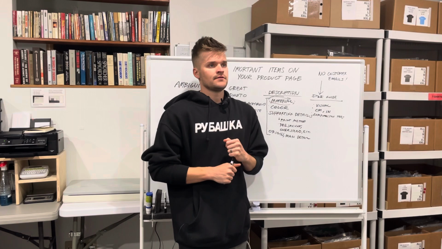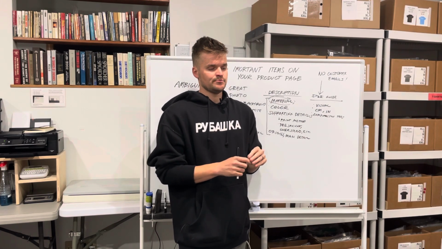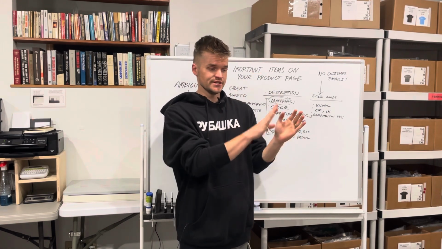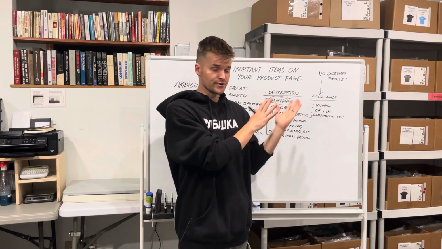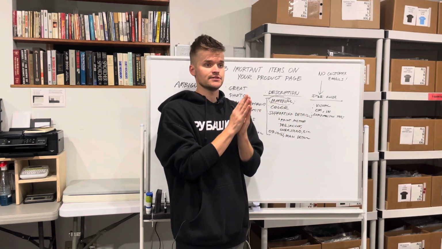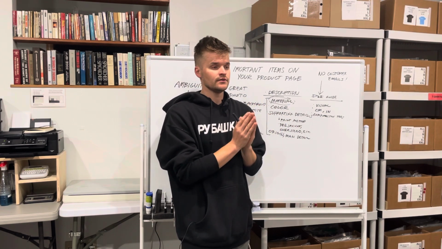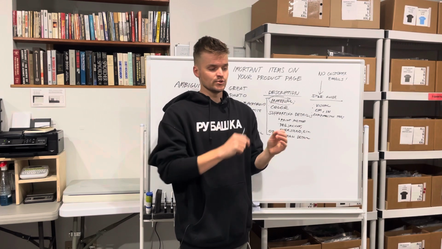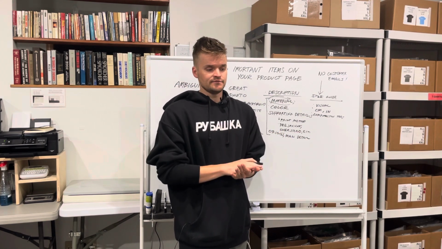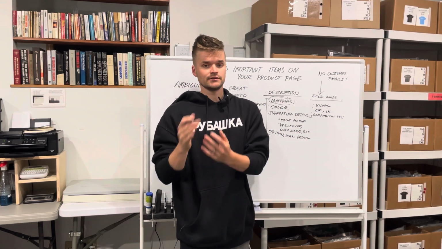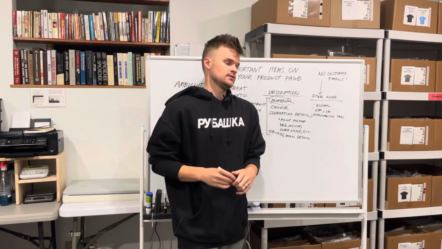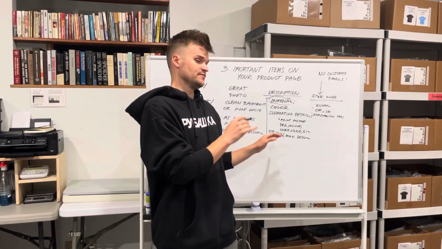If you have a direct picture size comparison of your t-shirt on top of another one of those really popular brand t-shirts, that's also a very strong visual indicator of what the customer can expect to get. You can also even write a little blurb that says this t-shirt fits comparable to a Gildan, a Supreme t-shirt, etc. So that's definitely something that you can do that could be very, very helpful.